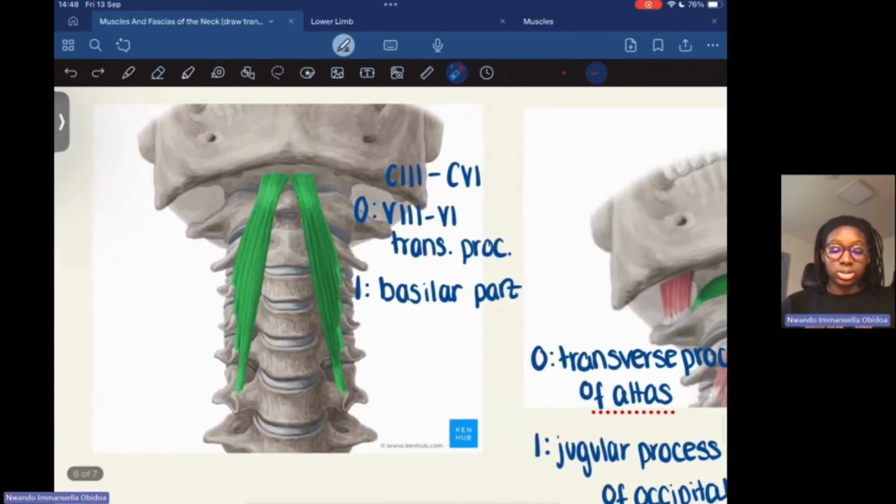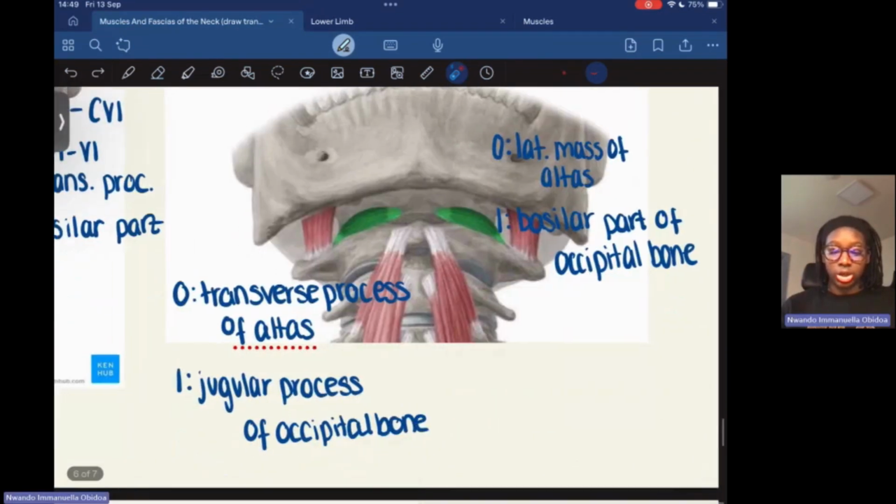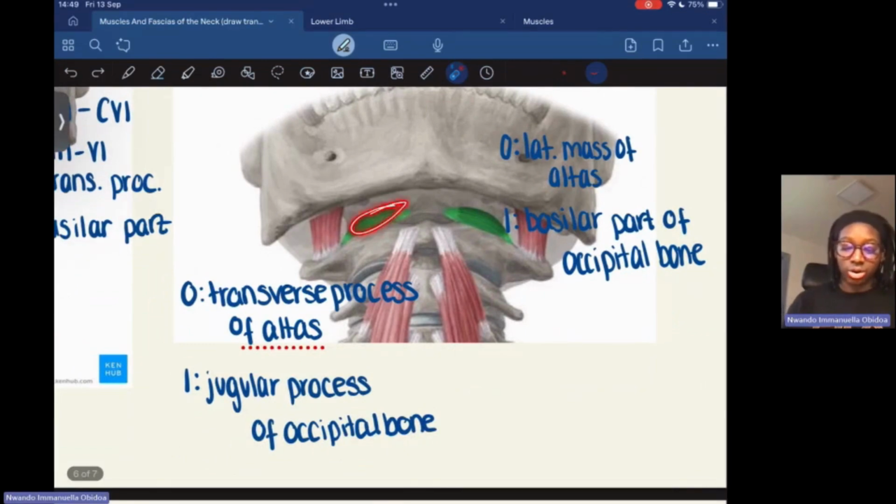The longus capitis originates from cervical vertebra 3 to 5 on the transverse process, and then inserts on the basilar part of the occipital bone. Here you have your rectus capitis anterior and rectus capitis lateralis.